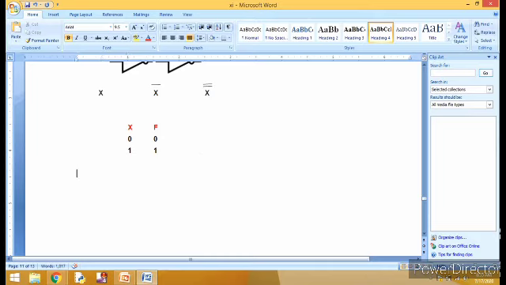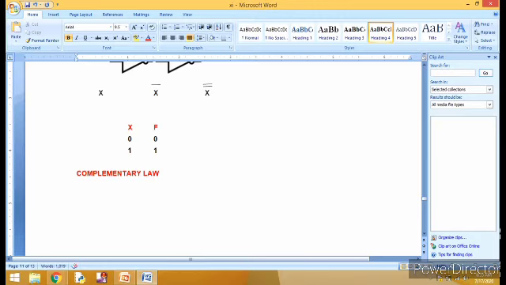There are a few things which you know from the earlier class. Do you know what the complementary law is?